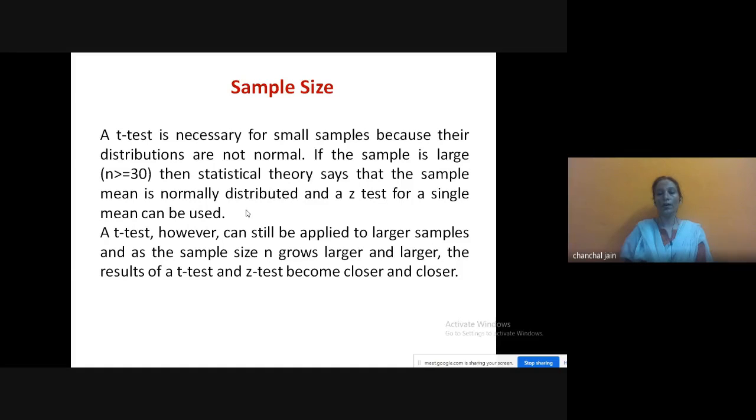So if your data is showing normal distribution, you can apply the t-test, and with a large sample size the results of the t-test and z-test are closer to each other. That is the main thing you need to keep in mind. That means if you have a sample size greater than 30, even then you can apply the t-test with the help of SPSS.